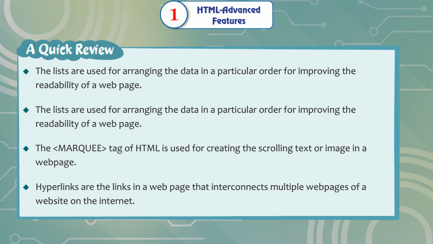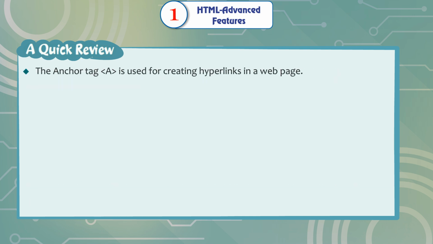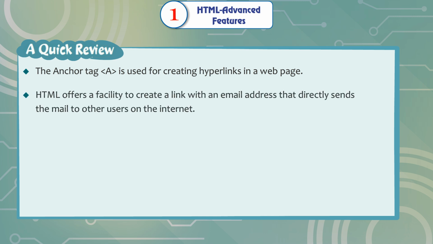Hyperlinks are the links in a web page that interconnect multiple web pages of a website on the internet. The anchor tag A is used for creating hyperlinks in a web page.